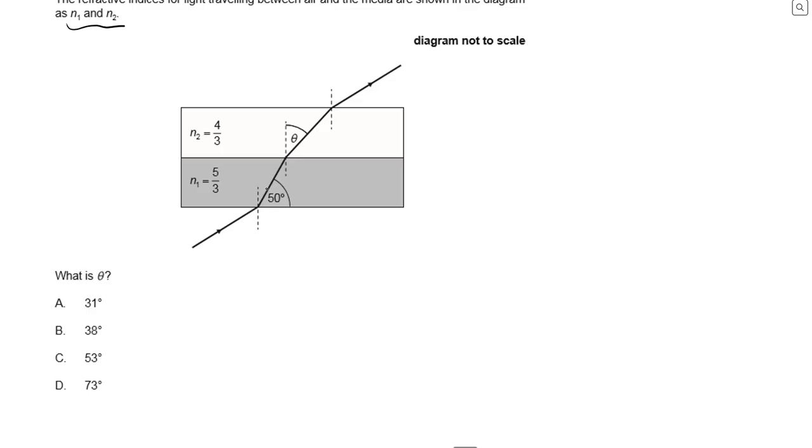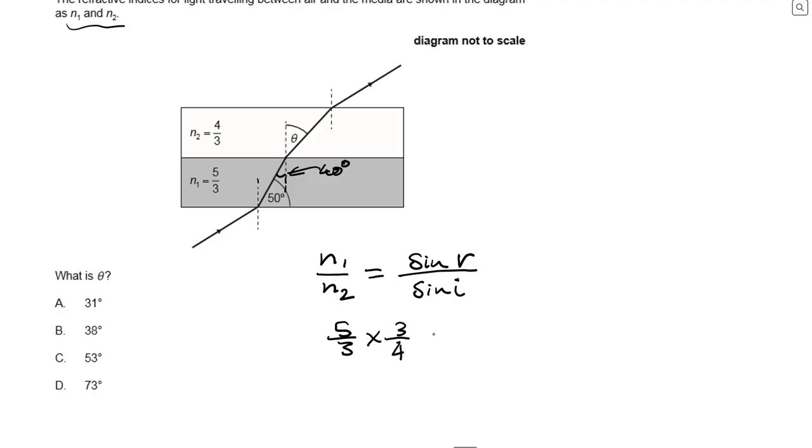What we know is this is 50, that means this angle to the normal, which is actually the same anyway, is 40 degrees, 90 minus 50, and so that's our angle of incidence. So n1 over n2 is sine r over sine i, so n1 over n2, 5 over 3, times 3 over 4, is equal to sine r.